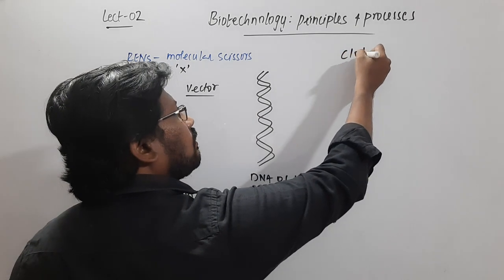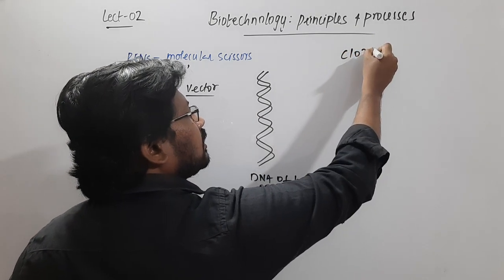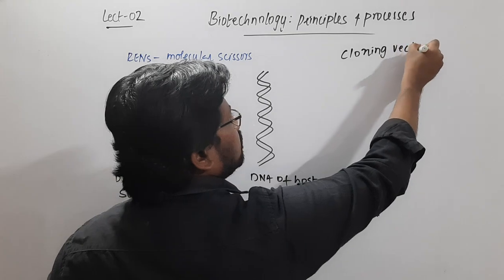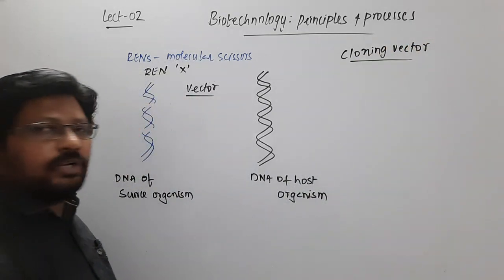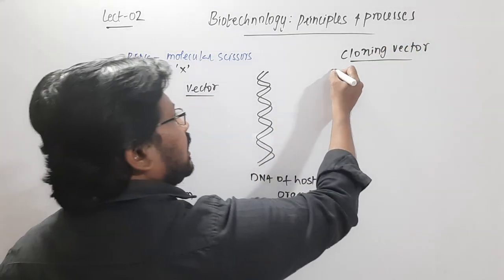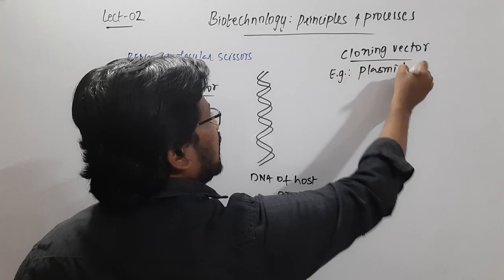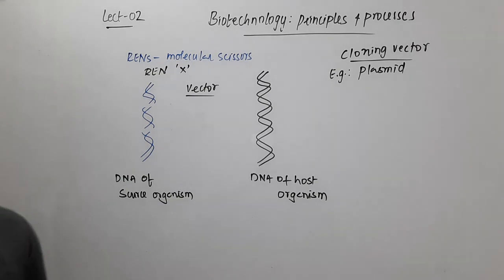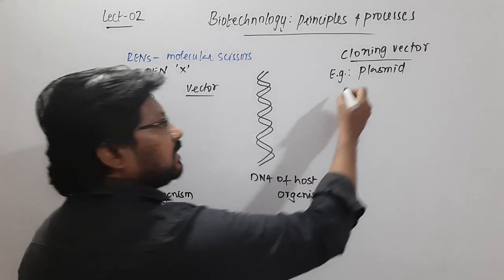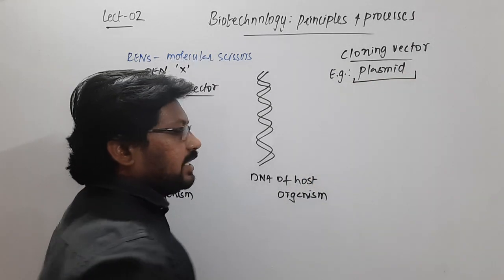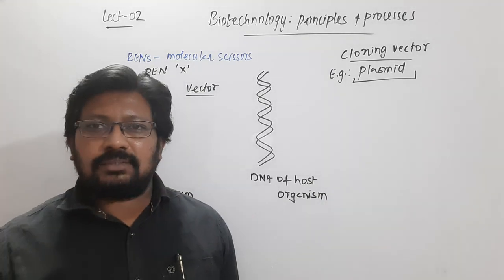Specifically that is called a cloning vector, and an example of that cloning vector is the plasmid. Some of the bacteria naturally have these plasmids.